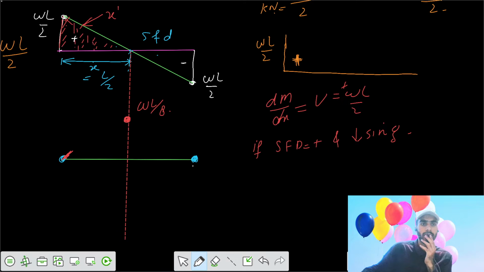The value is getting decreased. So we say that if the shear force diagram is positive and decreasing, the slope of the bending moment diagram is also positive and decreasing.